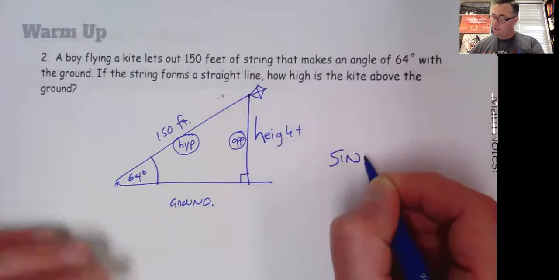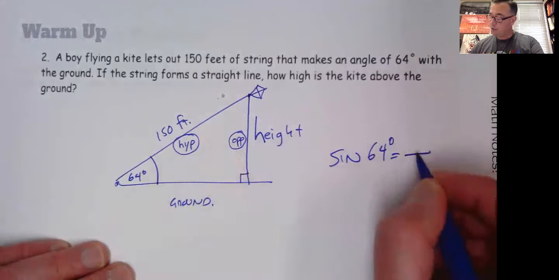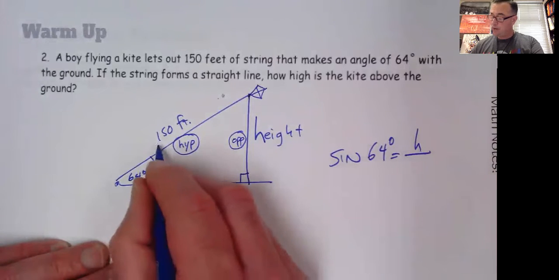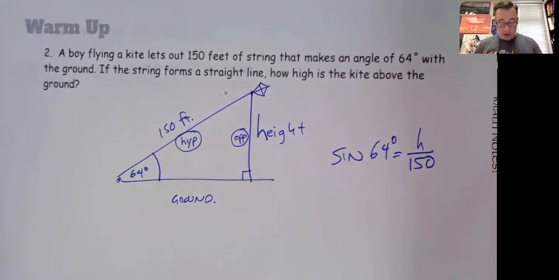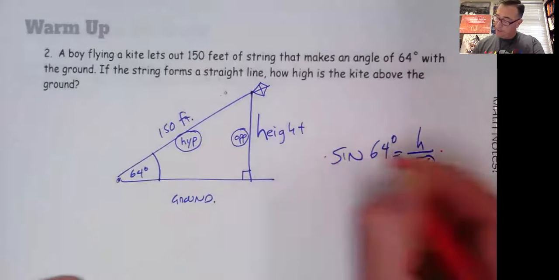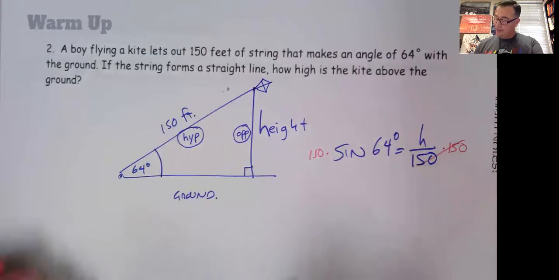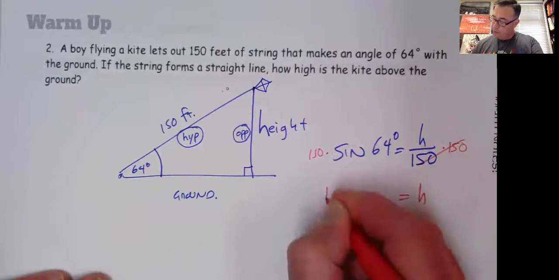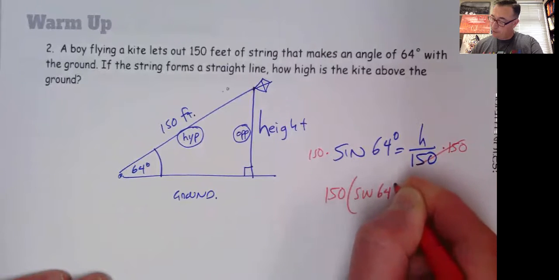Sine of the angle 64 is equal to the opposite, which we don't know, H, over the hypotenuse, which is 150. Now to solve this, we get rid of the 150 by multiplying it on both sides. This will cancel out, and we get that H is equal to 150 times the sine of 64 degrees.